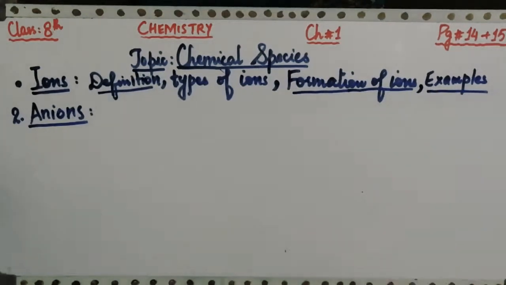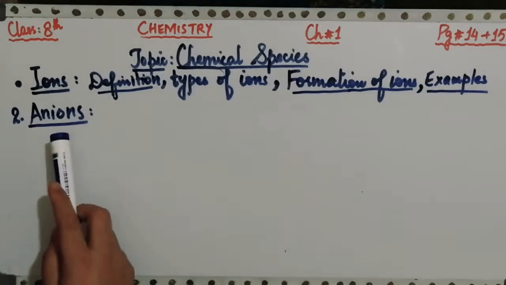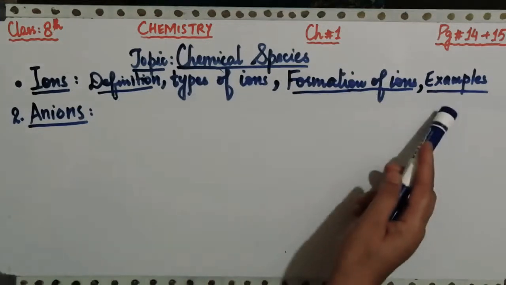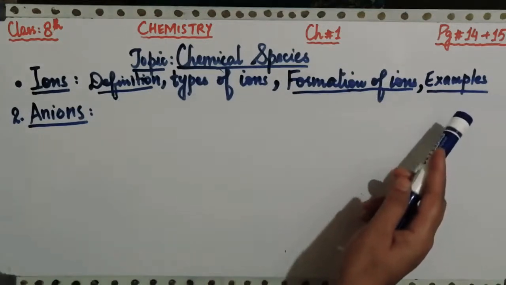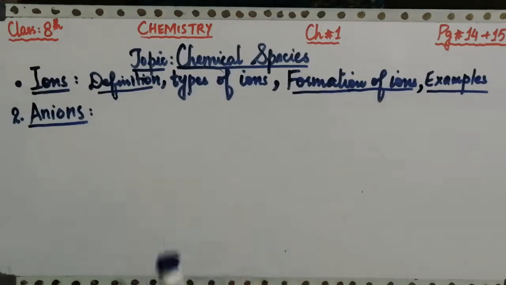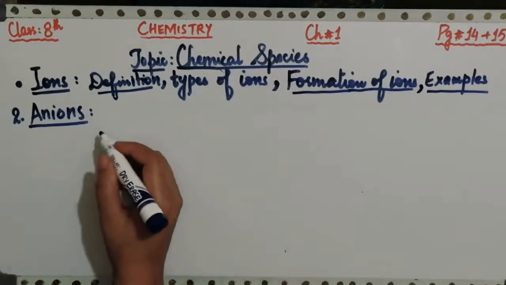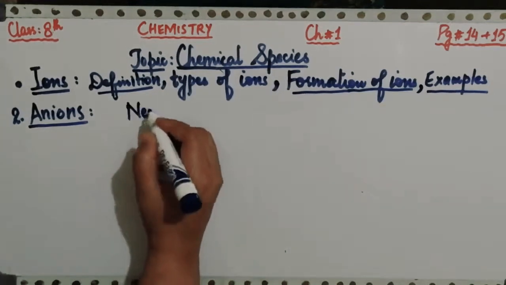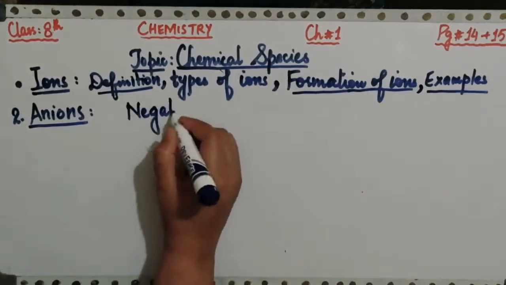The same 3 headings will also be given in the previous, that is the first type of ions called cations. Under these 3 headings you will complete your types of ions. So what are anions? Anions are atoms or groups of atoms having negative charge on them.